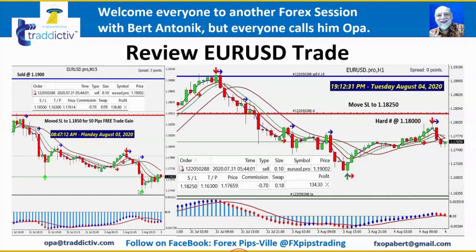So at this point, it was just too much for me to say I'm going to leave it at 10 pips when I have 138 sitting in my account. I could have taken all 138 or about 100 of that 138 and put on a tight stop and then watch to see what would happen.